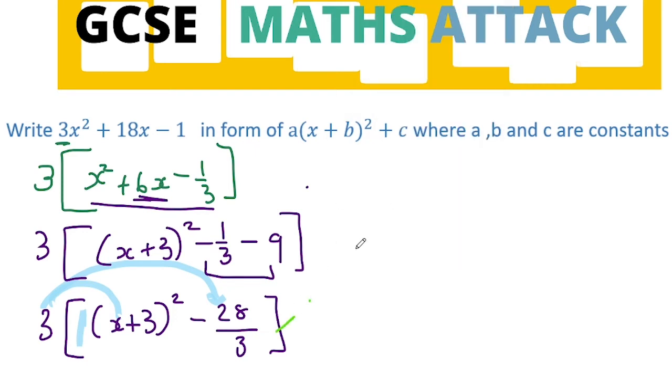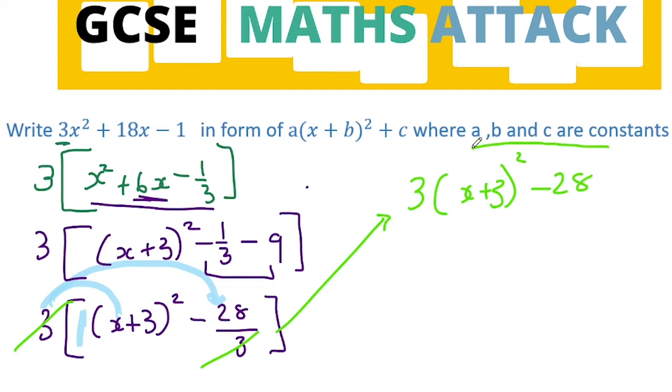If I do that, I would get 3 (x plus 3) squared, and these two cancel out, which gives me minus 28. Now, if you're told to work out the minimum or maximum or the vertex, again, it's the same thing. Don't get confused. Just because there's a 3 here, it doesn't change anything.